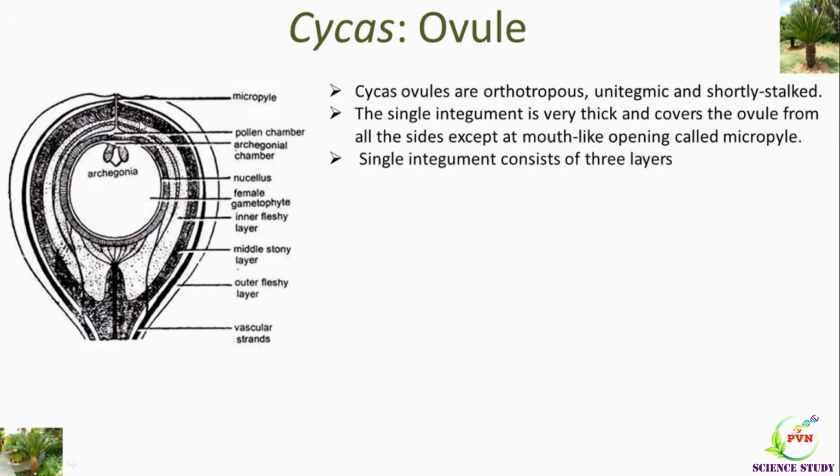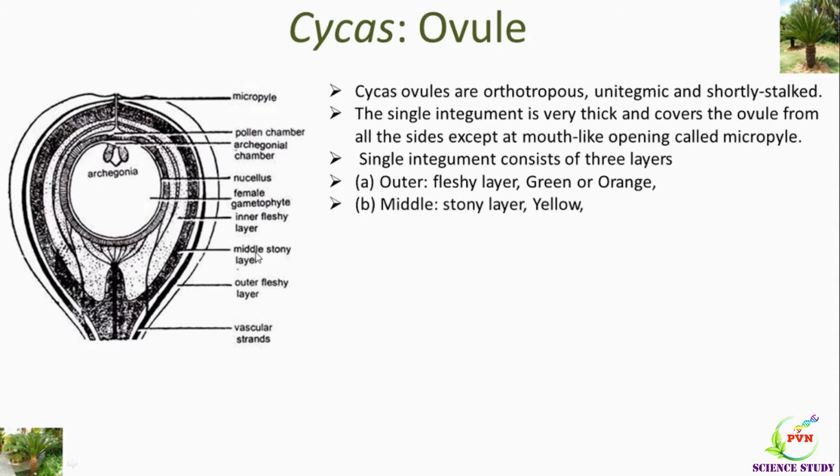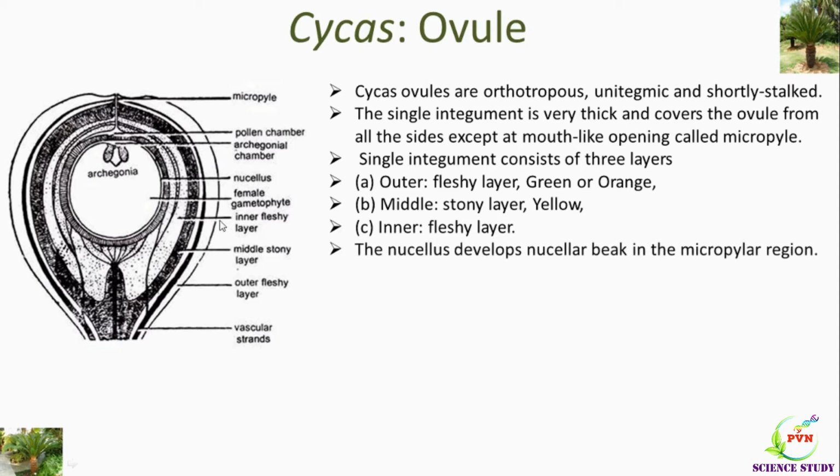The single integument present here consists of three layers. The outer layer is fleshy in nature and green or orange in color. Next to that is the middle stony layer, which is yellow in color, and next to that is the inner fleshy layer. The nucellus is the nutritive tissue present in the middle portion. This nucellus develops a nucellar beak in the micropylar region and it develops into the pollen chamber.